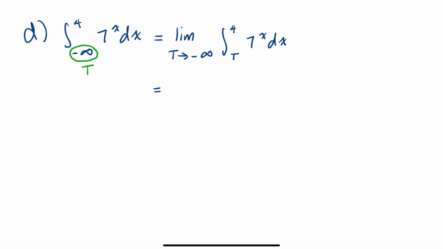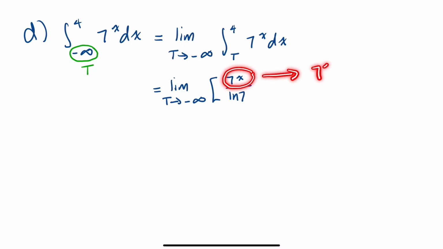Now this integral is very easy to evaluate actually. So we can say this is the limit as t approaches negative infinity of 7 to the x over ln 7. And how did I know to divide by ln 7? It's because if you take the derivative of 7 to the x, you're going to get 7 to the x multiplied by the derivative of the exponent multiplied by ln of the base.